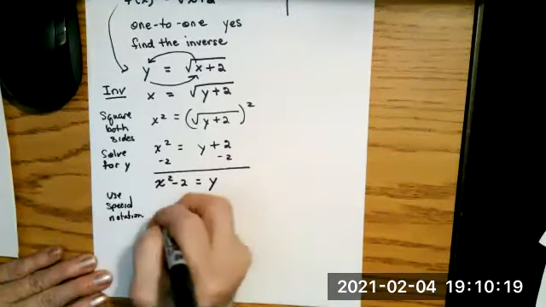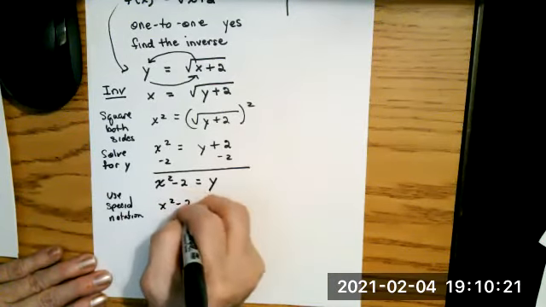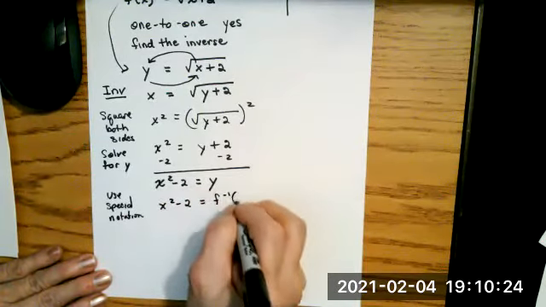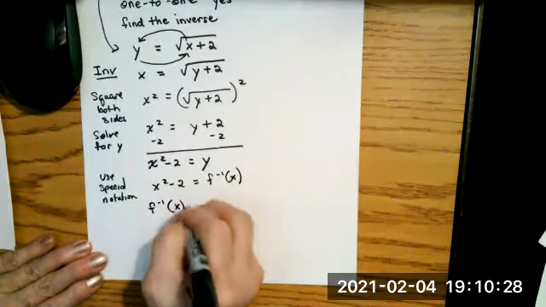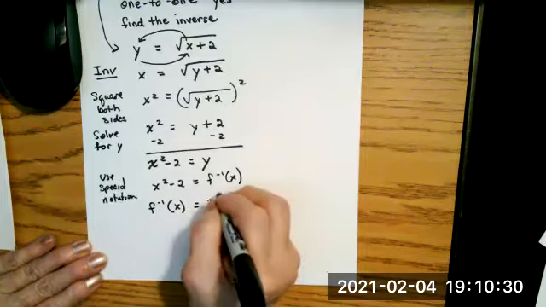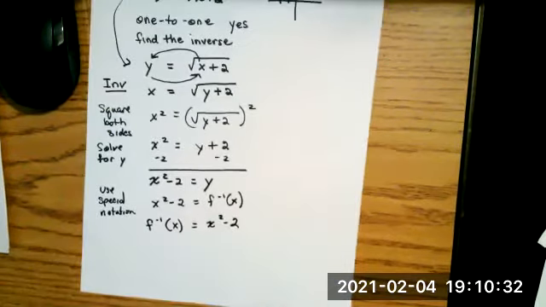Okay, so I'm going to say x squared minus 2 equals f inverse of x. And then a lot of people like for you to swap it so that that is on the other side. So now I have my answer. Any questions on that?